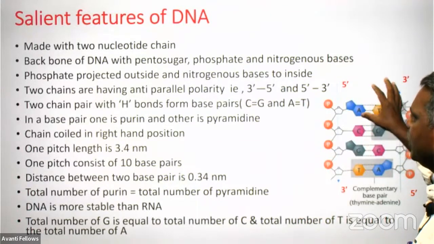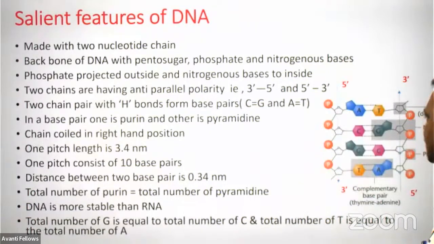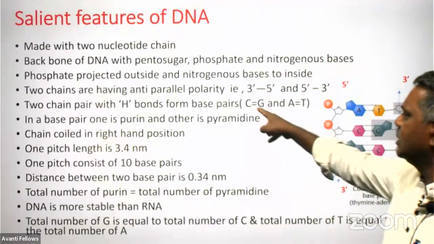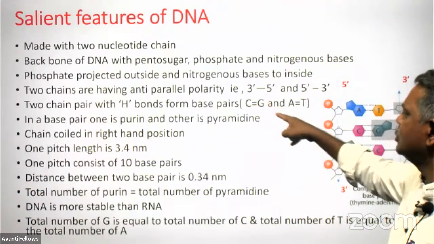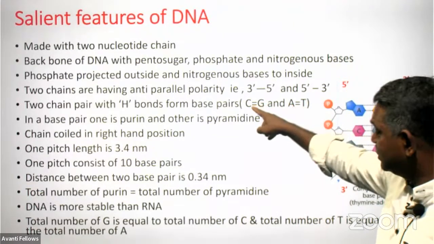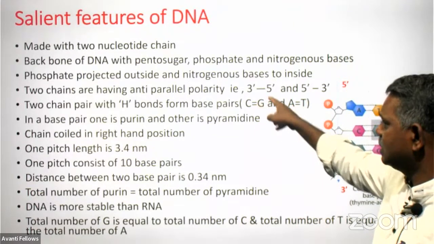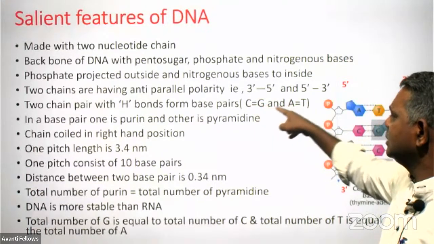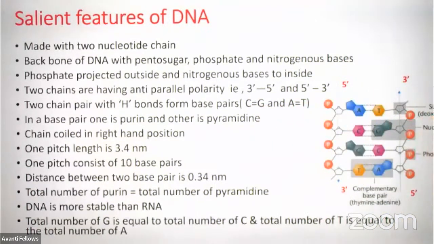So to form these complementary base pairs, adenine is always with thymine and cytosine always with guanine. Adenine double bond T, cytosine triple bond G, right?